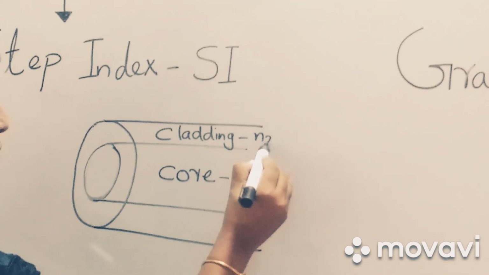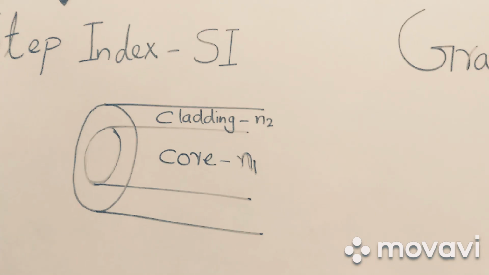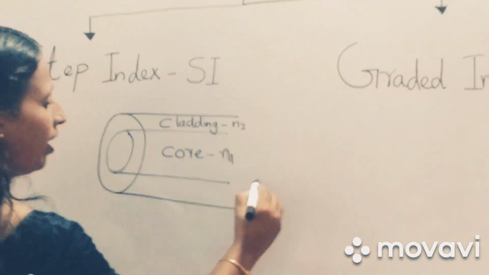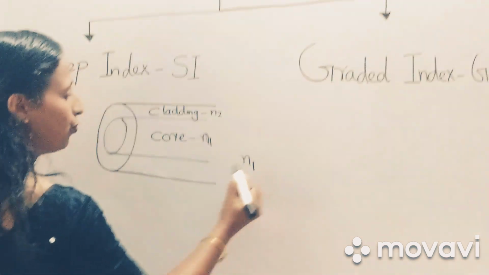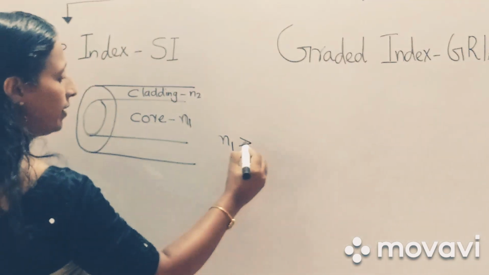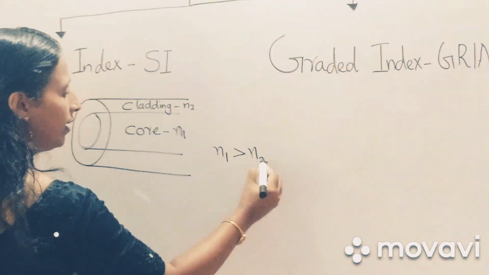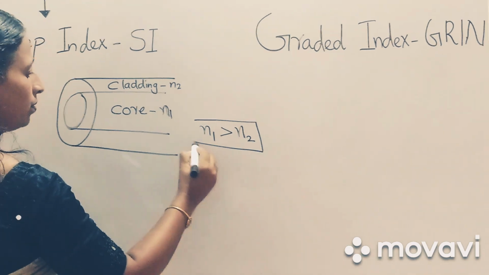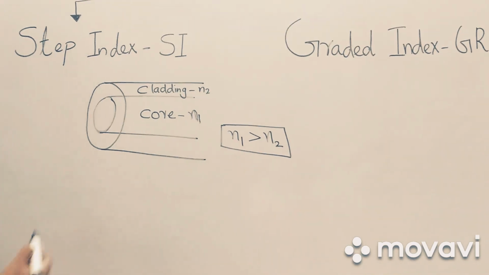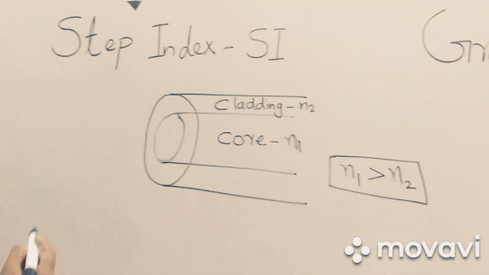Let the refractive index of cladding be N2. For a fiber, the refractive index of core N1 is greater than the refractive index of cladding N2. This is an important relation for an optic fiber.